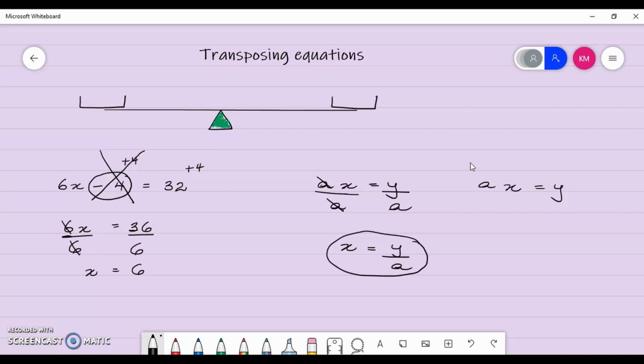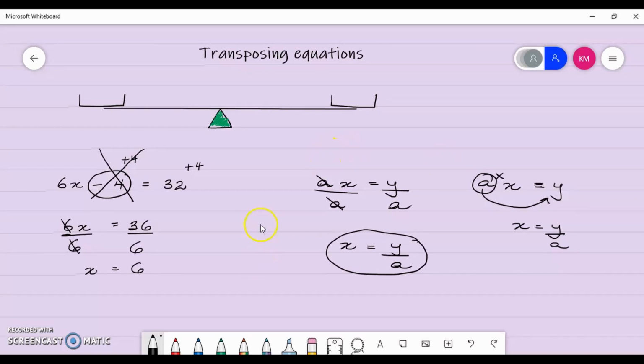Doesn't it look as if your a went across here and became x equals y divided by a? It does. Now a is being multiplied here, but across on the other side of the equal sign, it's going to be divide. So if on this side a was being multiplied, across on the other side it's going to be divide.